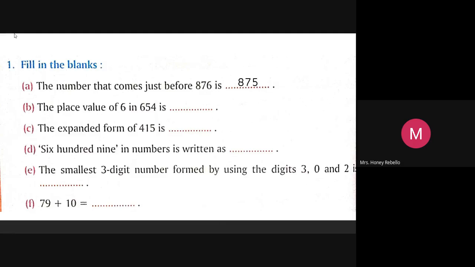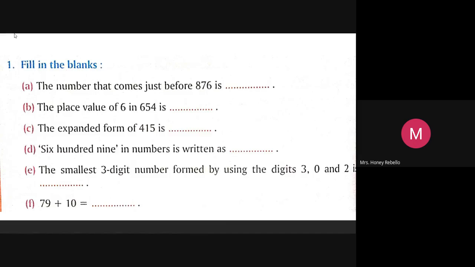I'm starting from Ashwant. Please tell me the first one. Fill in the blanks with the question, Ashwant. Sorry, I gave the answer. Ashwant, read, please. The number that comes just before 876.